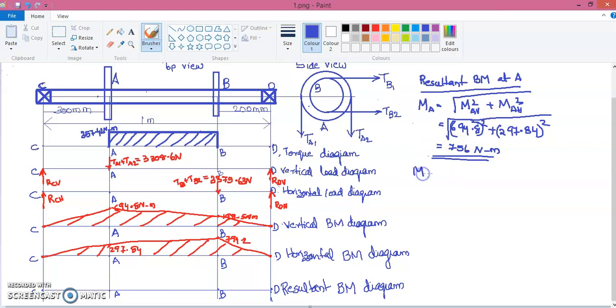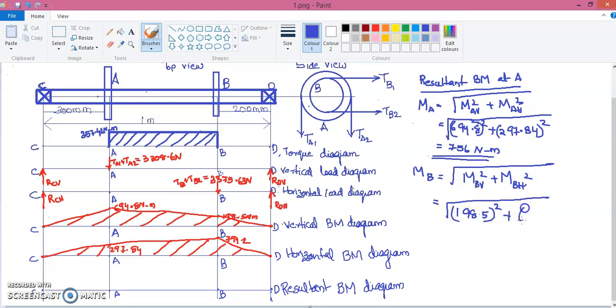And now I can calculate this resultant bending moment acting at the point B, that is square root of MBV square plus MBH square, and if I substitute that value, it will be square root of 198.5 square plus 794.2 the whole square, and the answer will be 819.2 Newton meter.